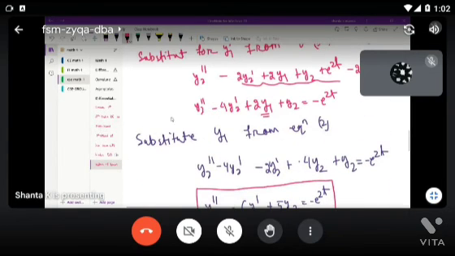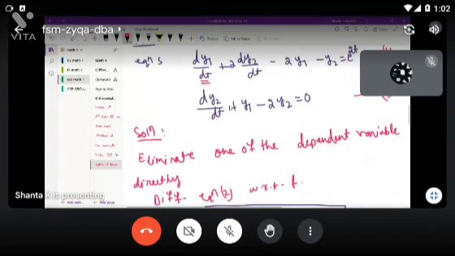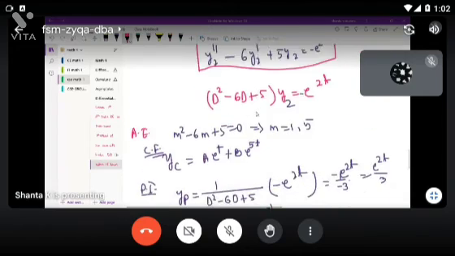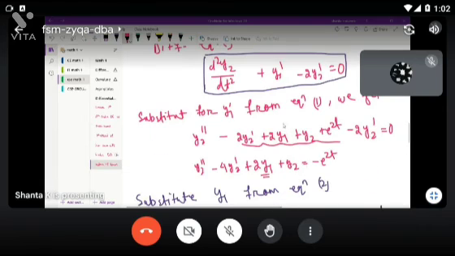You see, the easiest equation is the second equation for y1. So y1 will be equal to 2y2 minus d by dt of y2. I think this is what was written.